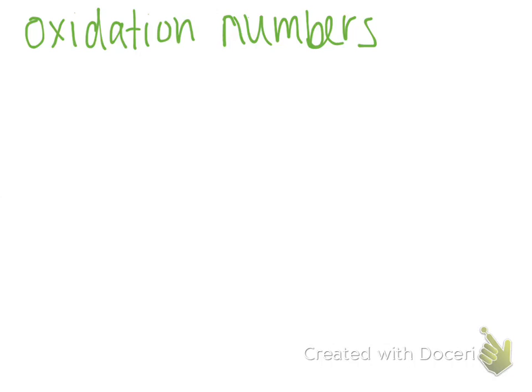If we have a positive number assigned to an element, that means that the electrons are not near that element. A positive oxidation number would tell us that they're missing electrons. Whereas if an element had a negative oxidation number, that means that more electrons would be surrounding that element. Does that kind of make sense or not so much? Yes or no? Okay. All right.